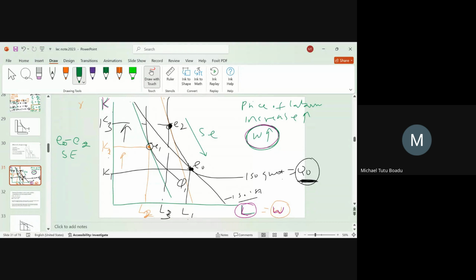Then the movement from E1 to E2 is what we call the scale effect.